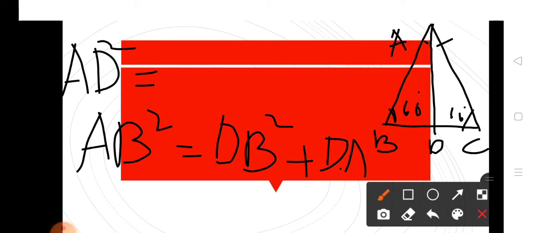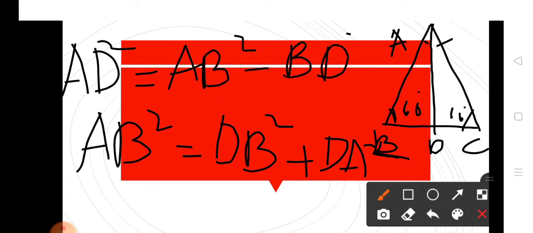Yes or no? मैले यो DA लाई AD पनि भन्न सक्छु नि त. AD लाई यतापट्टि लगे भने AB this side will come. So AD square equal to AB square minus BD square. Okay, यो हुन्छ. Did you agree with this?